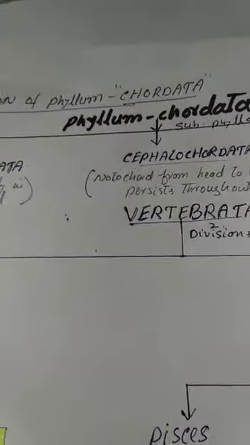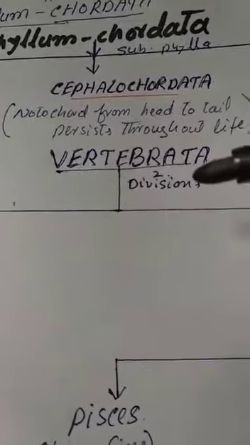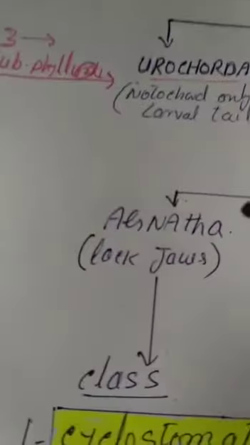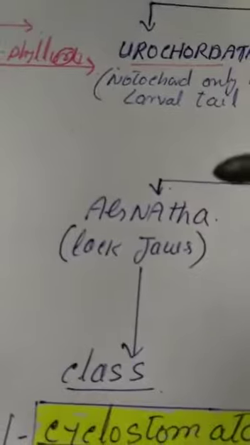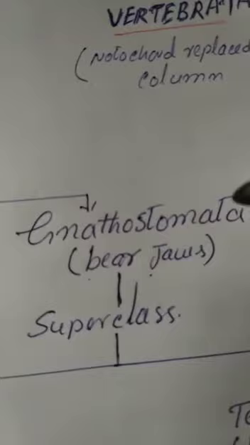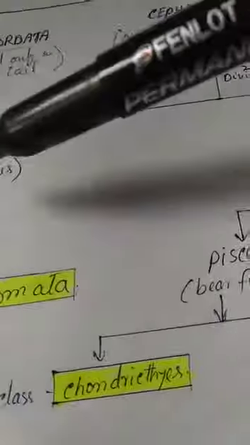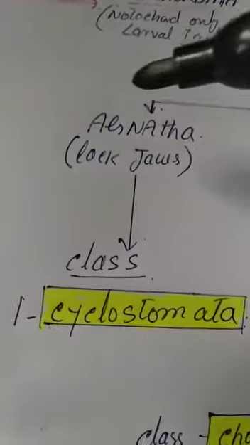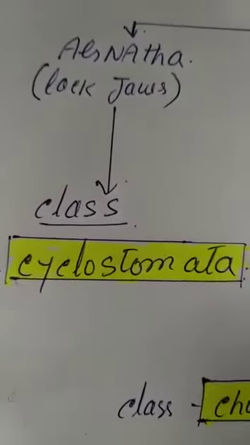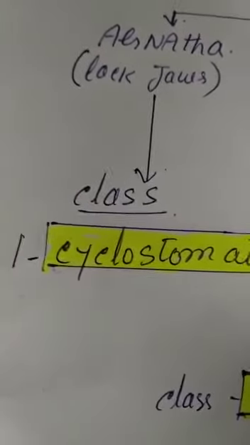Now this subphylum Vertebrata is divided into two divisions. Number one division is Agnatha, those animals which lack jaws. They don't have jaws, so we call them jawless vertebrates. Now the second division is Gnathostomata, that is, they bear jaws. Now the division Agnatha constitutes a class known as Cyclostomata, which are characterized by having a circular mouth.